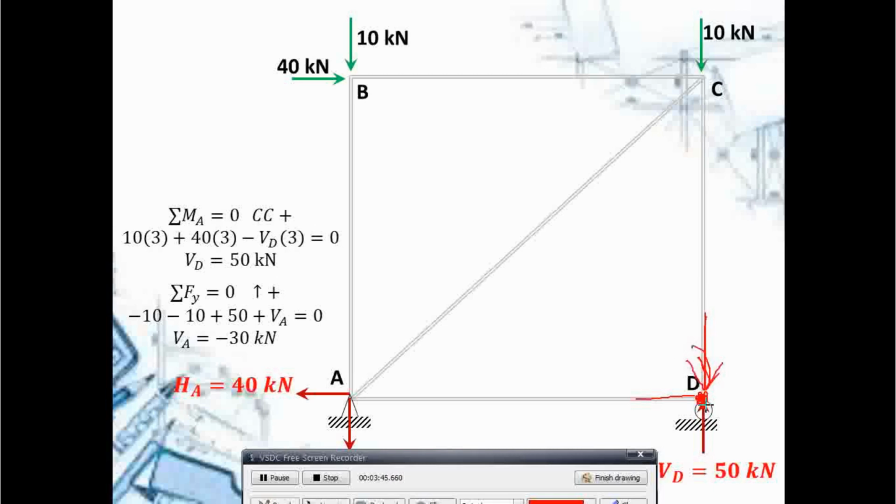So, CD is downward, and this should be 50. And summation of forces horizontal, again at joint D, there is no horizontal force at joint D, so AD is 0.